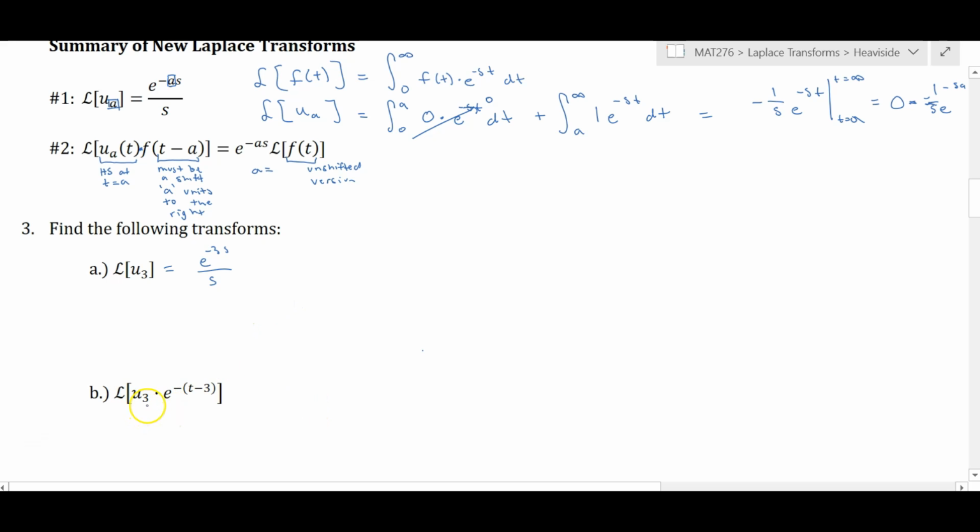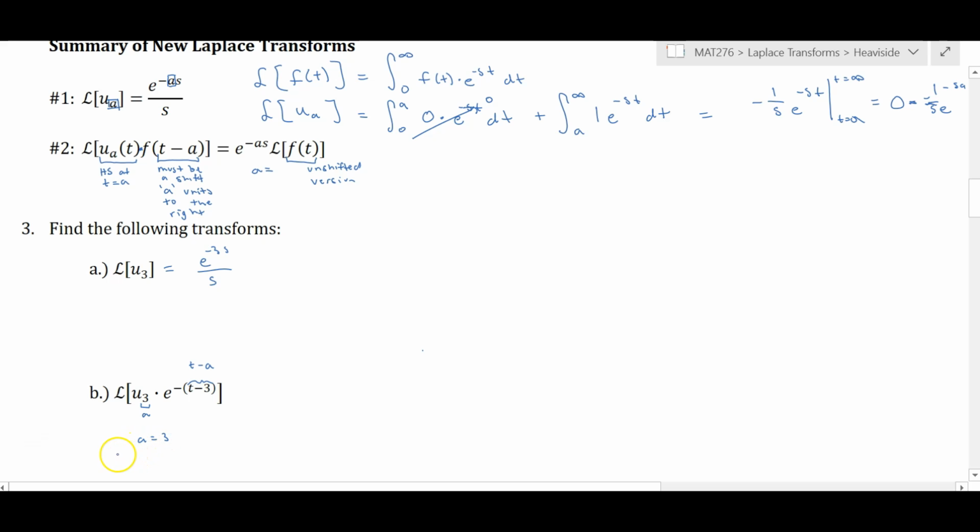Notice that here we have an a value of 3, and that here in the exponent we can clearly see that this is our right-shifted function, 3 units to the right. So here we could also see that this is the t minus a. So we have that a is equal to 3.